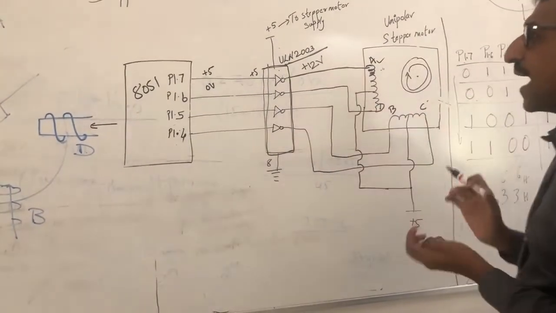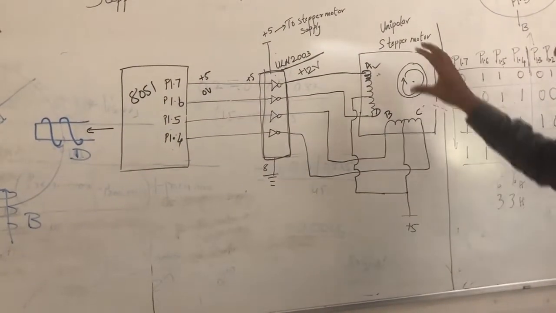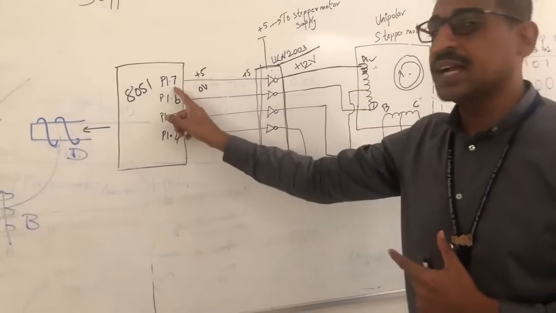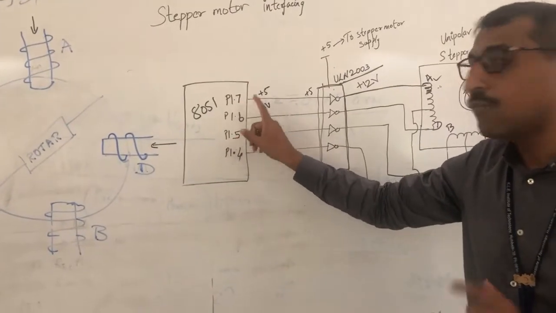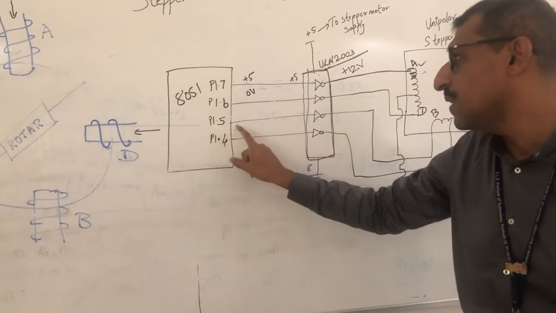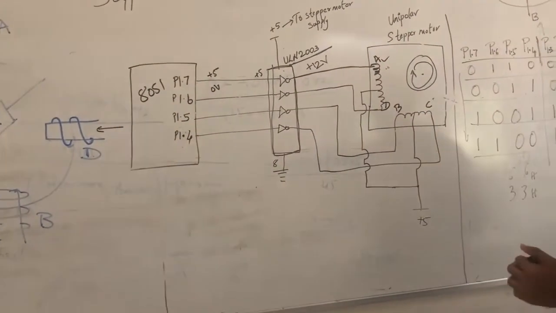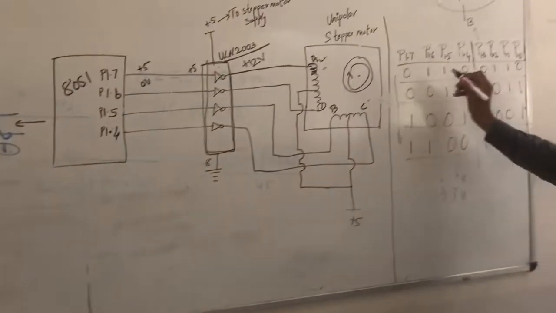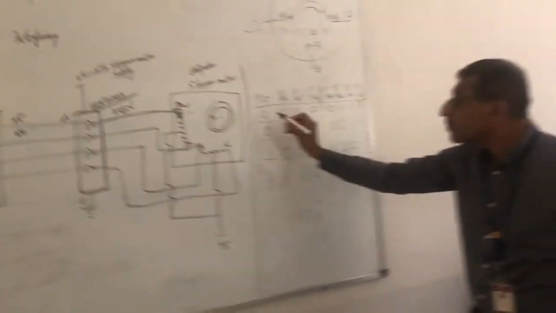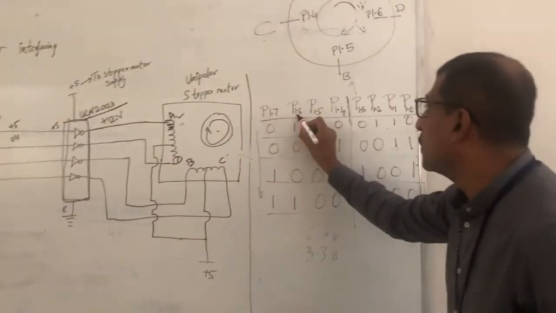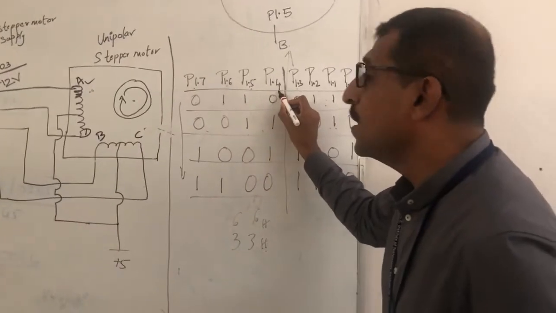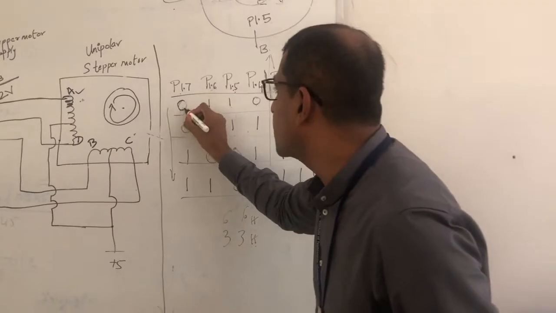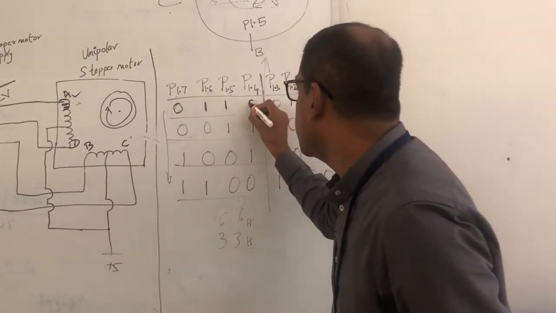So this is the interface diagram, and whenever you want to energize and de-energize the stators, accordingly you will have to send the values through port 1, P1.7, P1.6, P1.5 and P1.4. Now, how do you send the values? Initially I'll give the value 0, 1, 1, 0.